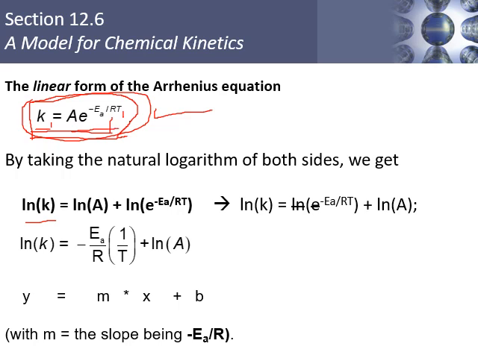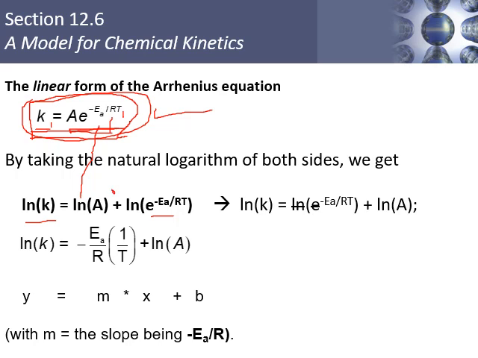Remember, the rule of logarithms is that the logarithm of a times b is the same thing as the logarithm of a plus the logarithm of b. In this case, the b is the e to the minus Ea over RT. So what I'm saying is, if we take the logarithm of A times e to the blah, blah, blah, then that can be rewritten as the logarithm of A plus the logarithm of e to the minus Ea over RT.